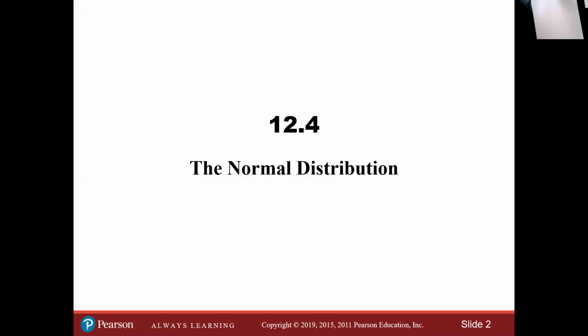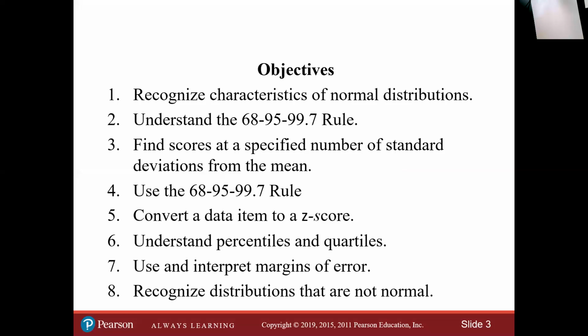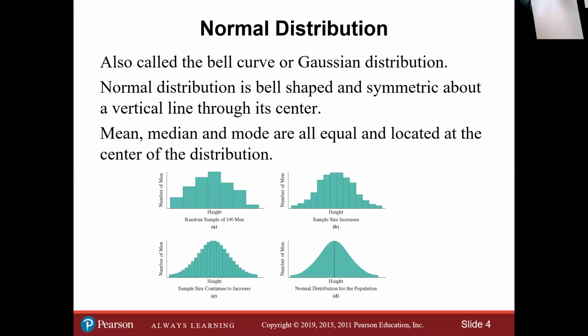Okay, the normal distribution. The normal distribution is probably the most famous distribution in statistics, and it has a lot of useful applications. If you go on to take a statistics course at Pellissippi or anywhere else, you'll spend a large chunk of your time talking about this. So the bell curve, or Gaussian distribution, is bell-shaped and symmetric about a vertical line through the center.